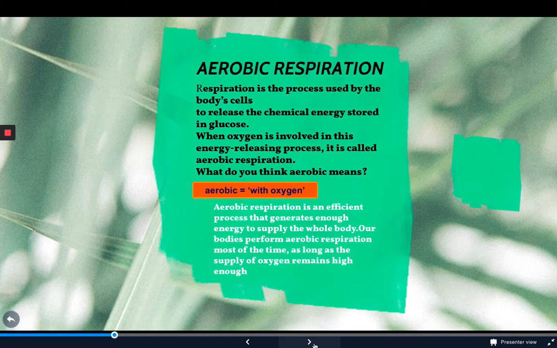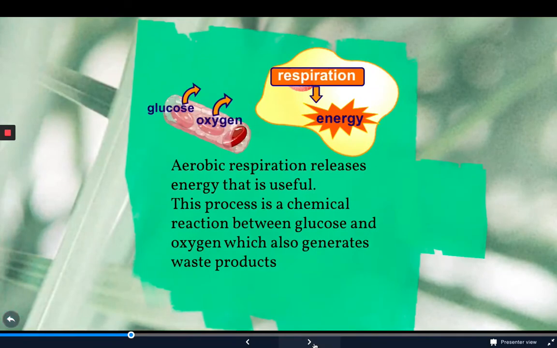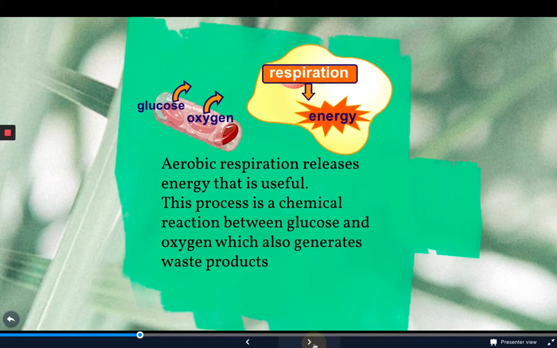Aerobic respiration is an efficient process that generates enough energy to supply the whole body. Our bodies perform aerobic respiration most of the time, as long as the supply of oxygen remains high enough. Aerobic respiration releases energy that is useful. This process is a chemical reaction between glucose and oxygen, which also generates waste products.